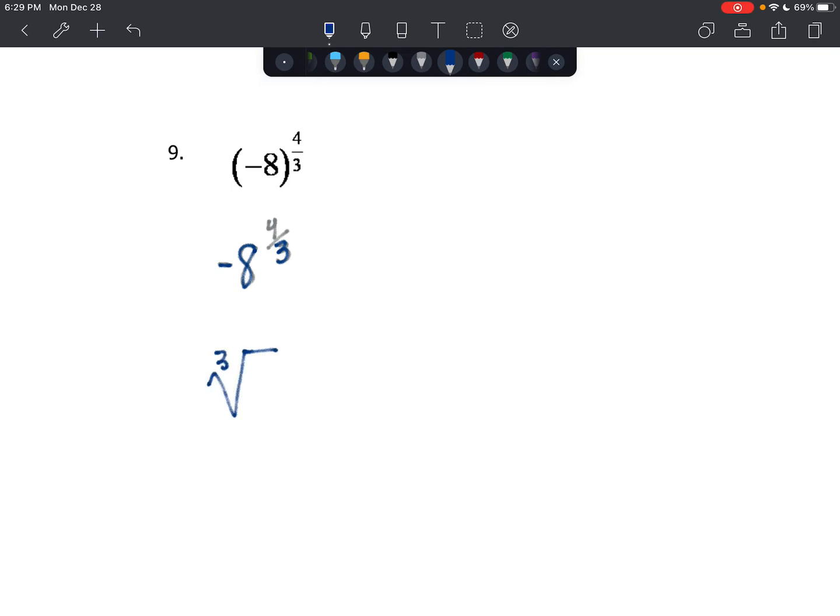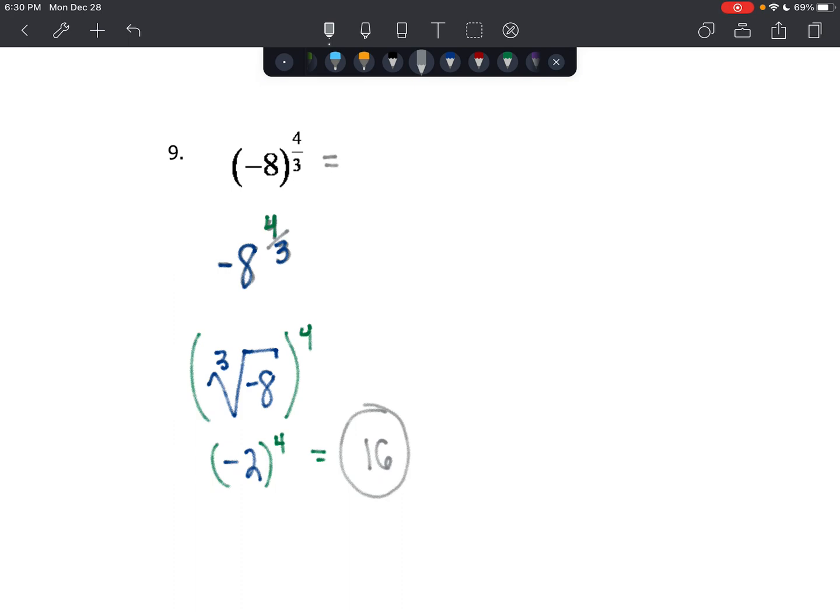The cubed root of negative 8 is negative 2. And then we're going to raise that to the 4th power. So we're going to have negative 2 raised to the 4th power, which is a positive 16. So negative 8 raised to the 4/3 power is positive 16.